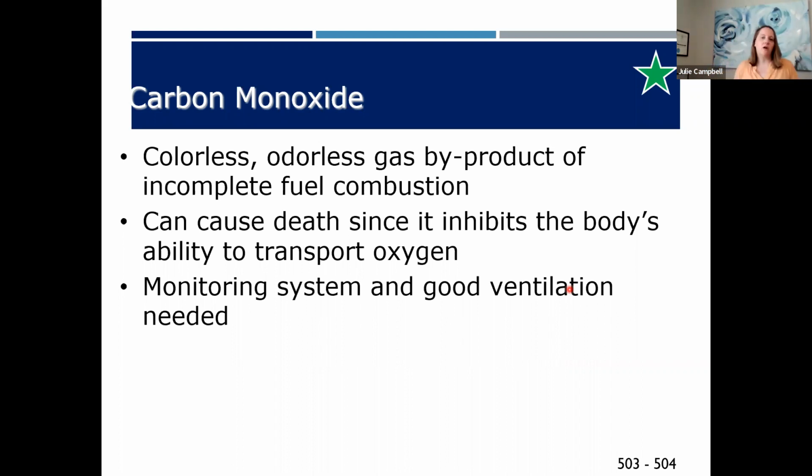Carbon monoxide is the result of incomplete fuel combustion, and that gas released from the incomplete fuel combustion is getting out in the air. We're breathing it. Carbon monoxide detectors exist. A lot of times today you can buy a joint carbon monoxide and smoke detector. If you guys don't have a carbon monoxide detector in your home, please put it on your shopping list for this weekend.